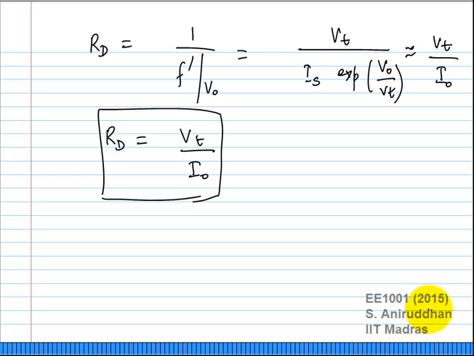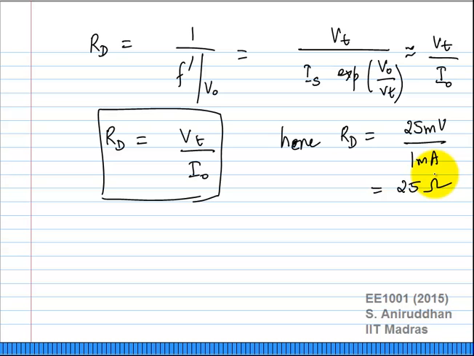In our particular example, what is RD? So I'll say RD is Vt, which is 25 millivolts, by 1 milliamp, 25 ohms.